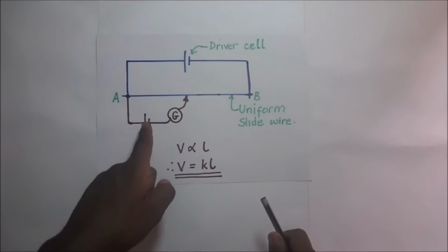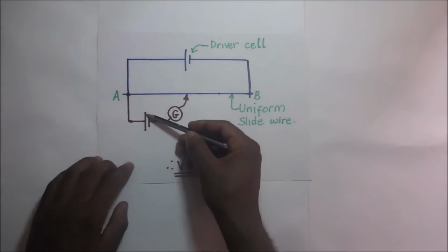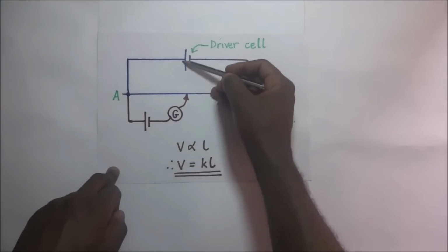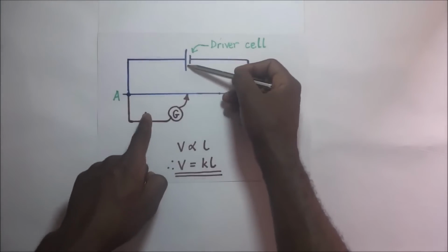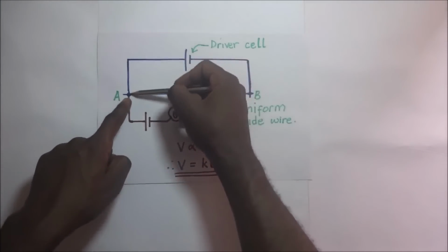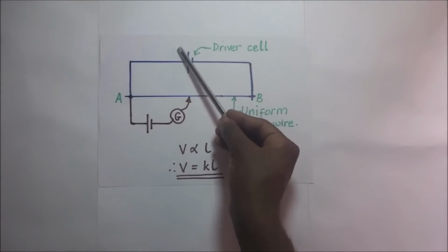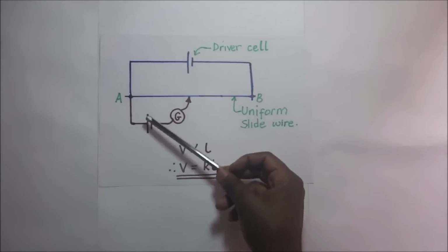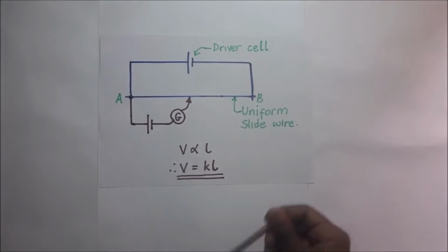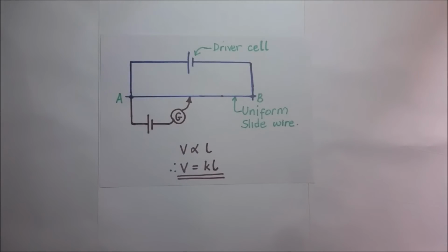By this I mean that the positive terminal here should be connected to the positive terminal right there. This is positive, that is positive, the two connect at the point A. And of course the EMF of the driver cell has to be greater than the EMF in the secondary circuit for you to be able to obtain a balance point. And that's the operating principle of a slide wire potentiometer.